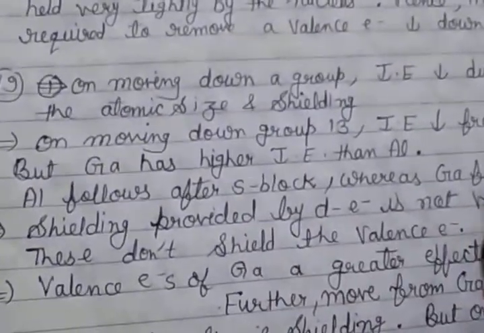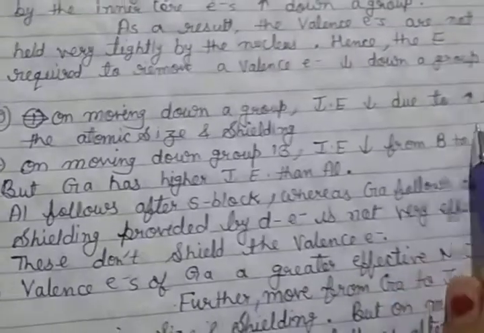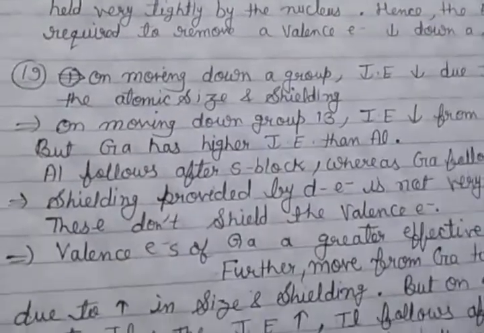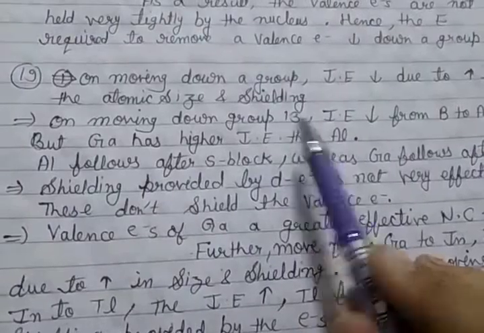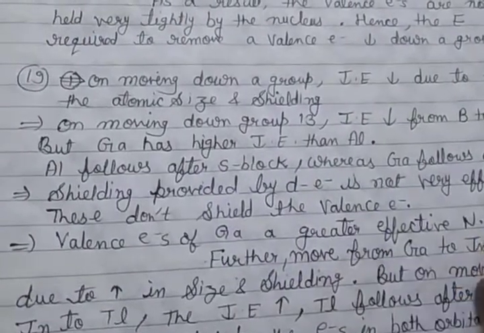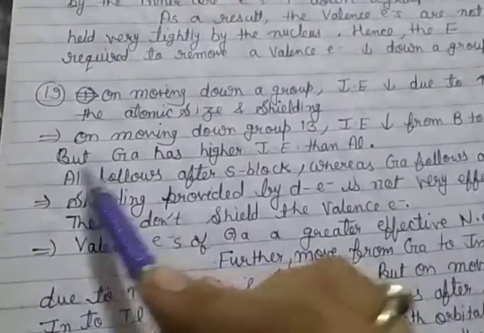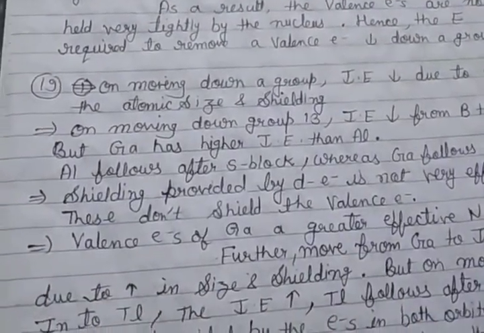We already know that on moving down a group, ionization enthalpy decreases due to the increase in atomic size and shielding, as I already explained in question number 18. On moving down group 13, ionization enthalpy decreases from boron to aluminium, but gallium has higher ionization enthalpy than aluminium.